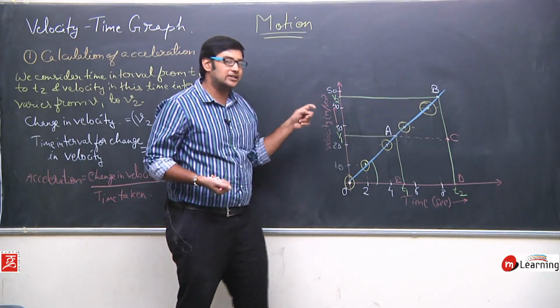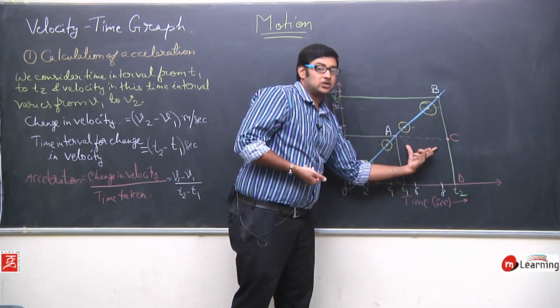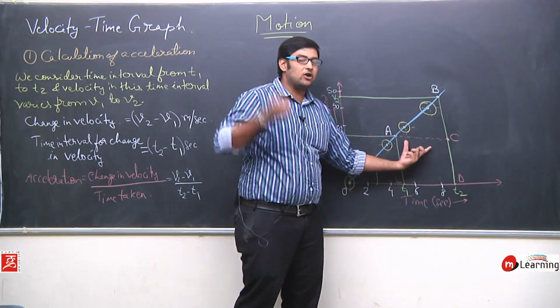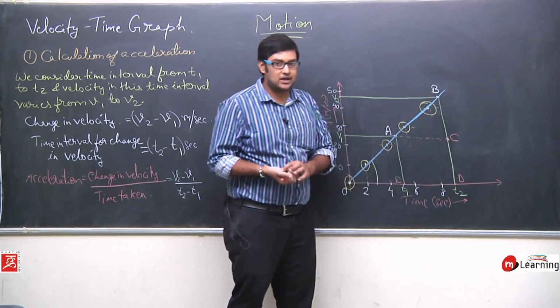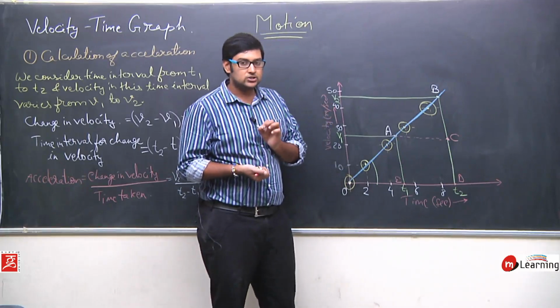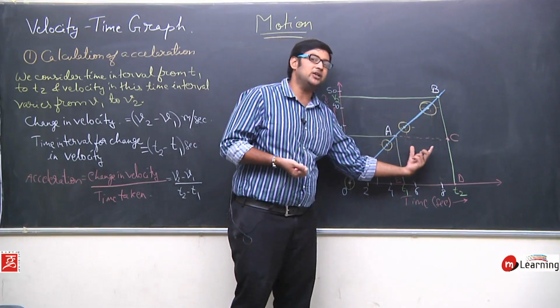Similarly, what is T2 minus T1? Observe, this T2 minus T1 is equivalent to AC. So I am dividing this BC by this AC. Now recall what we have studied in the distance time graph. We studied a concept known as slope. Slope is the ratio of perpendicular upon base.